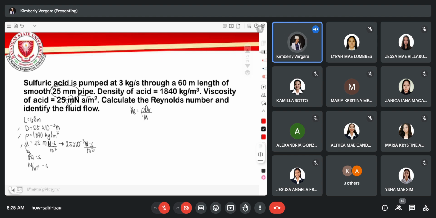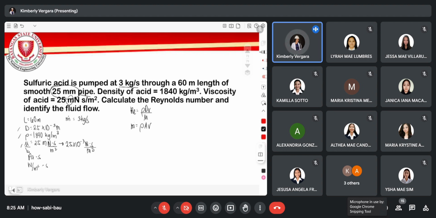So we have no velocity, but there is a given: 3 kilograms per second, which is our mass flow rate. Our formula for mass flow rate is rho AV.